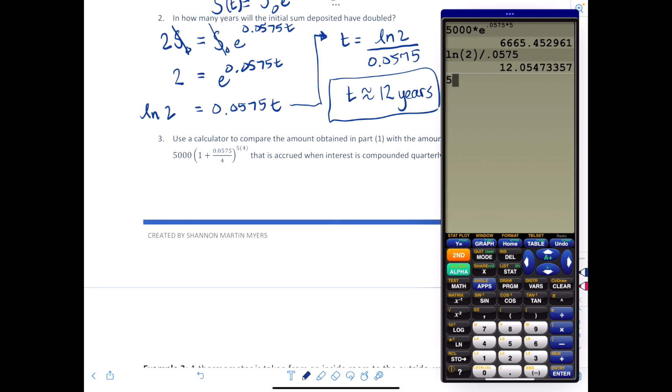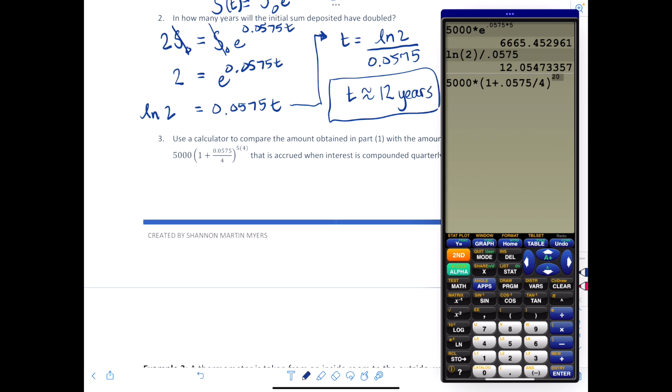We would have 5,000 times parentheses 1 plus 0.0575 divided by 4, raised to the 5 times 4, which is 20.